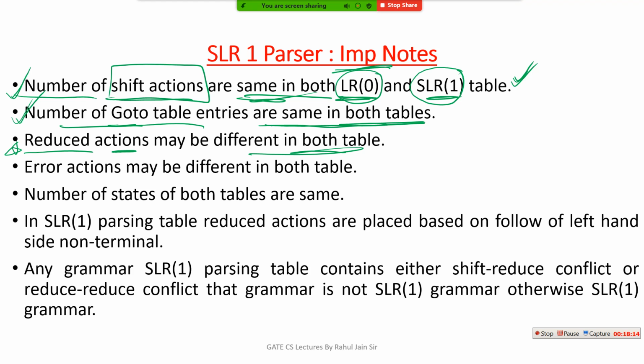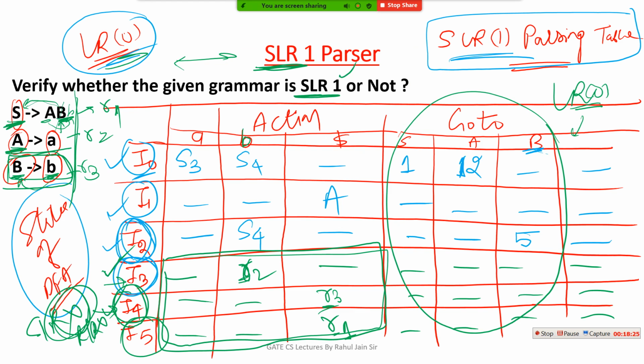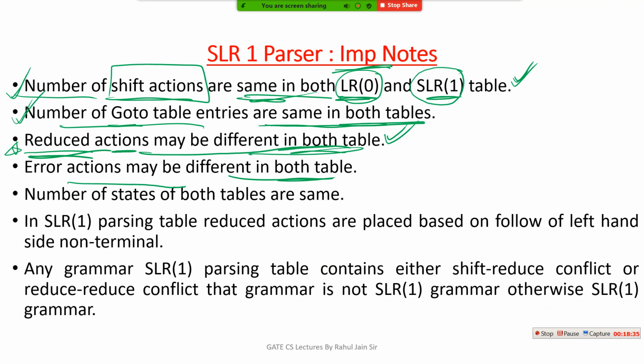So it is an important point that reduce actions may be different in both tables. Next one, error actions may be different in both tables. It depends, because suppose you are getting a shift-reduce conflict in the LR0 table, then in the I3 state of the action table you will say it completely has errors, but here you will get errors in the exact place, right? We will discuss it with the help of questions.